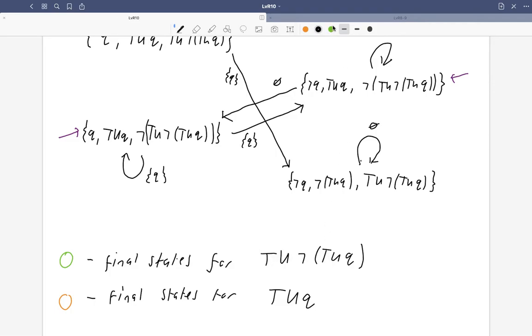So our green accepting states are going to be this one, because it contains the negation of the until, and this one, because it contains the negation of the until.